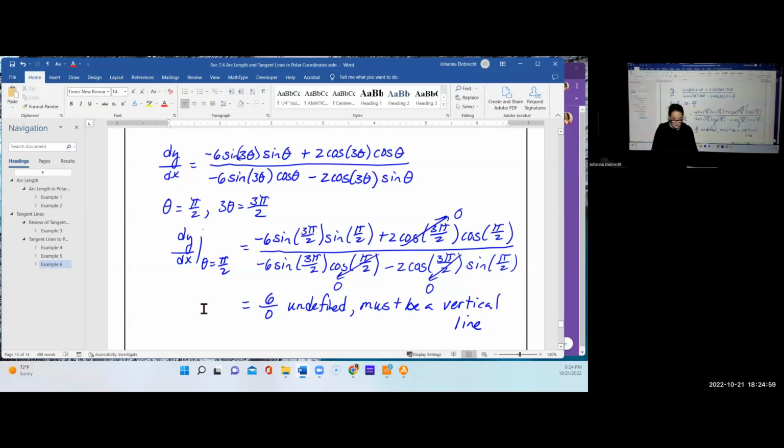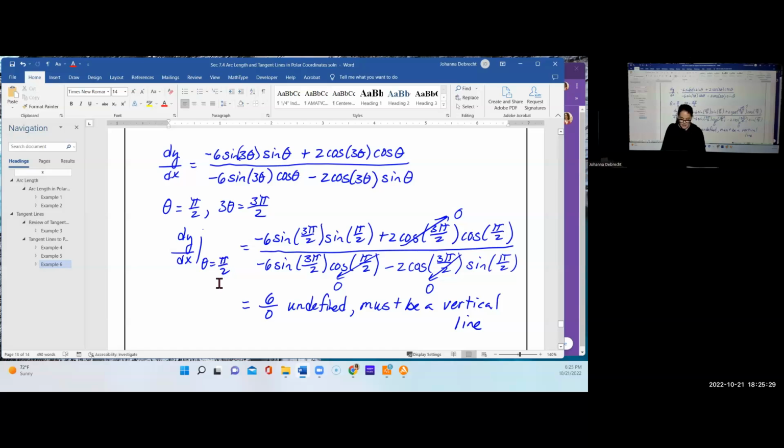When I did pi over 2, 3 times that is 3 pi over 2. So I substituted that into my general formula for the slope of the tangent line. I got a lot of things going to 0 because the cosine of 3 pi over 2 and pi over 2 are both 0. In fact, my entire denominator zeroed out, and I was left with -6 over 0, which is undefined, which just tells me it must be a vertical line.